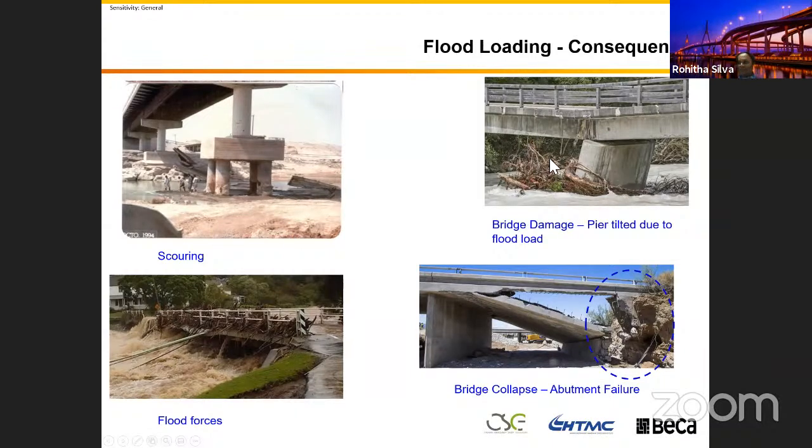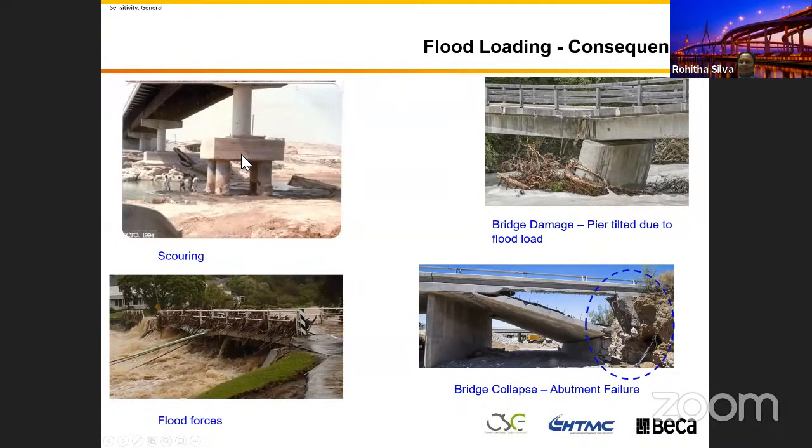During the flood, you can see this, the top right-hand corner, this pier starting to tilt. And at the bottom left-hand corner, you can see debris and so many things, the water and other things, holding up at the bridge. And on the top left-hand corner, after the flood, you can see these piers exposed.